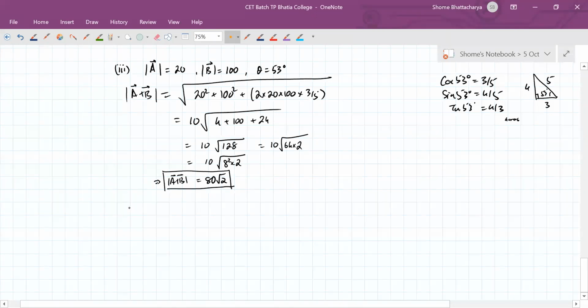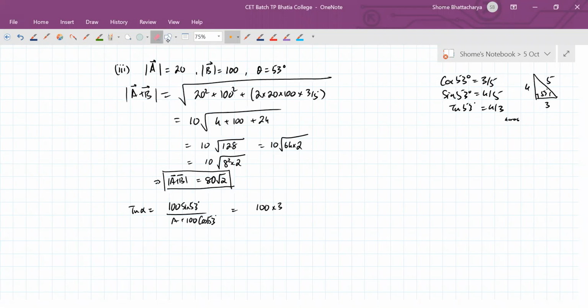And then tan alpha is b sine theta upon a plus b cos theta. That is 100 into 4 by 5, upon 20 plus 100 into 3 by 5.